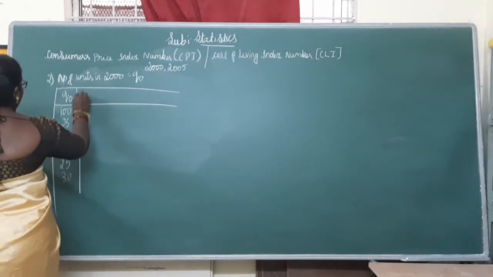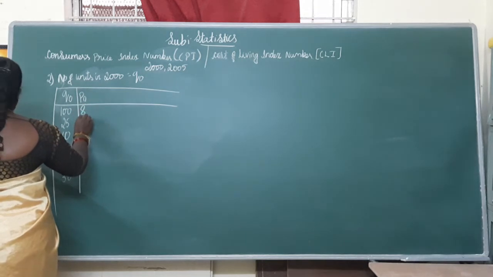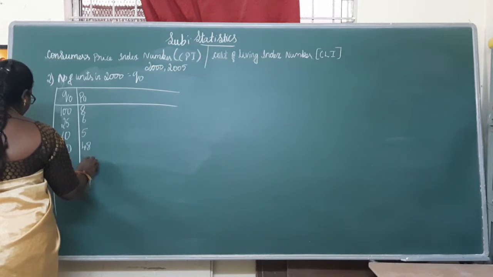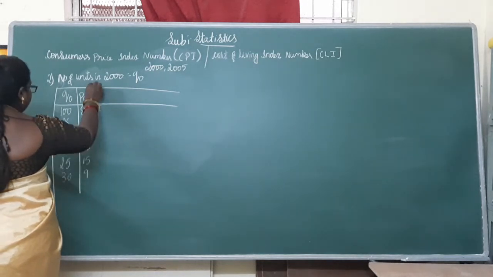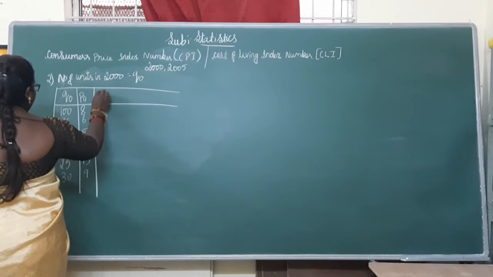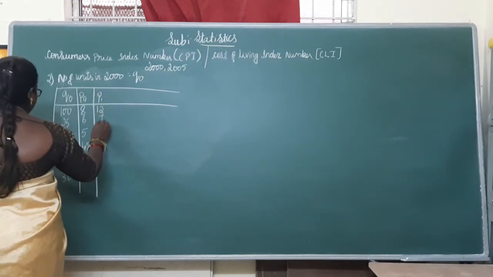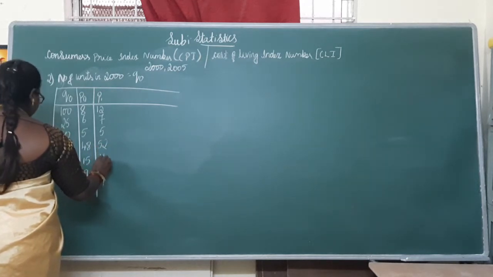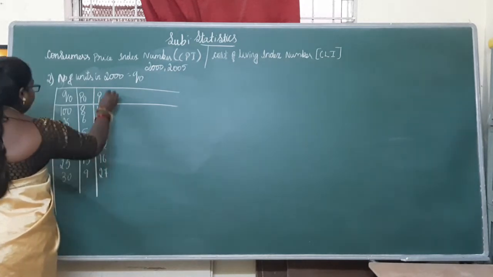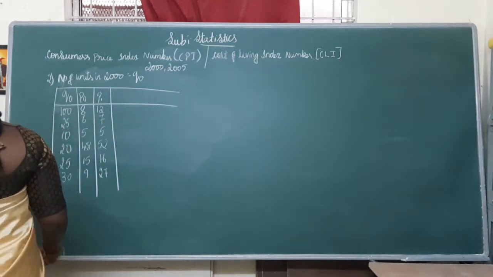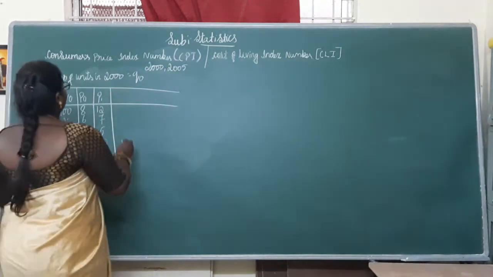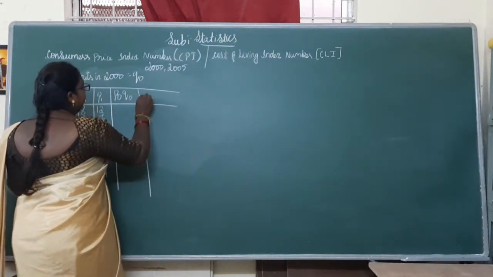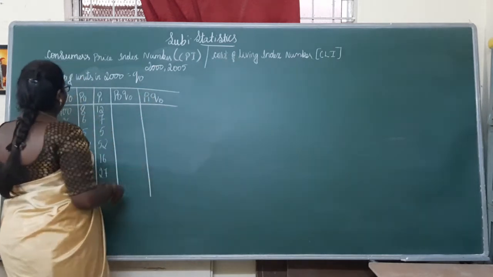Next is my P0: 8, 6, 5, 48, 15, 9. Next is my P1: 12, 7, 5, 52, 16, 27. Now we need to find my P0 Q0 according to my formula. Then P1 Q0 I need to find out.